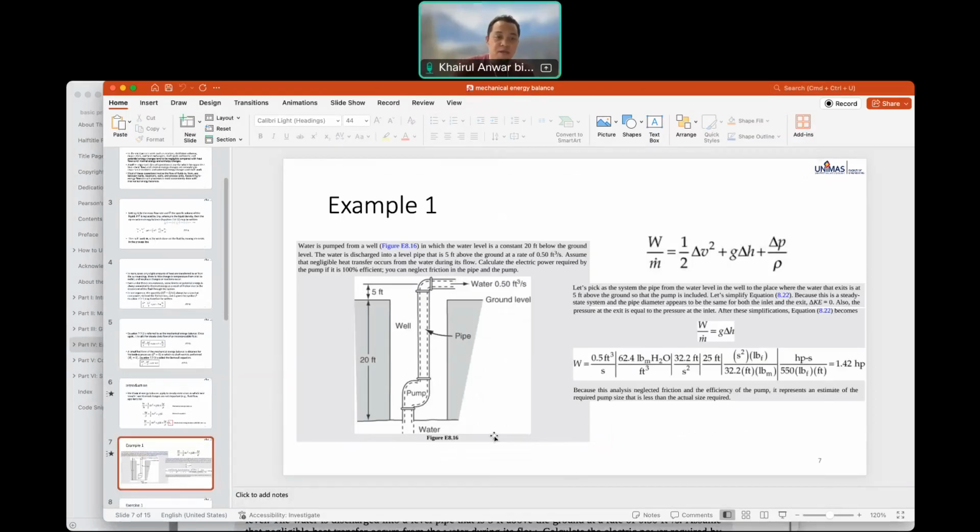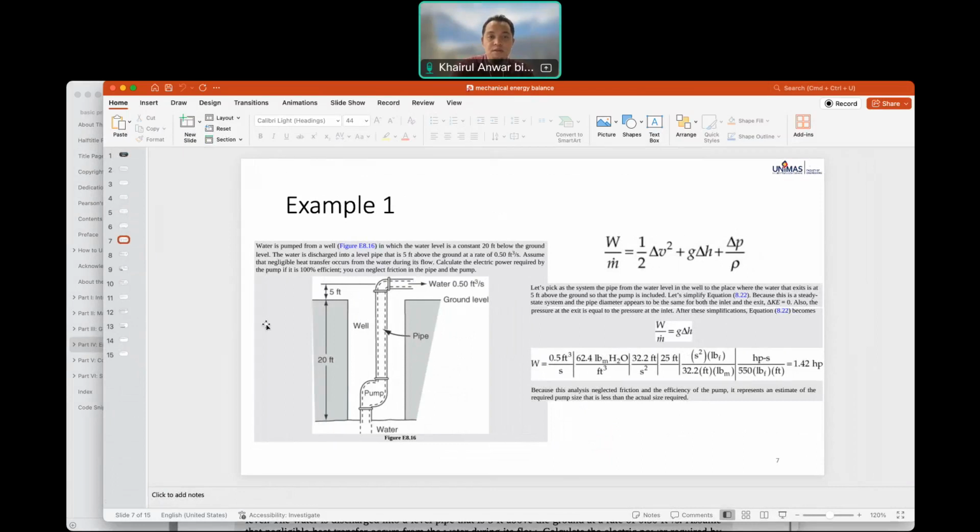Now example 1. This is the basic chemical engineering book.